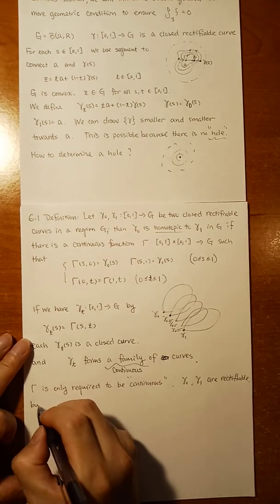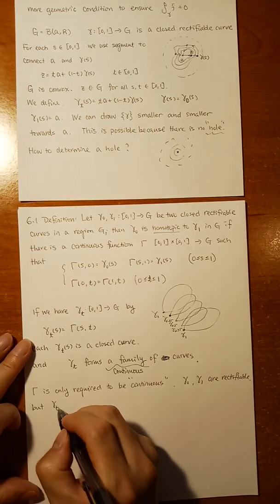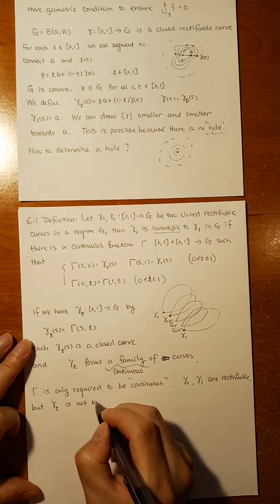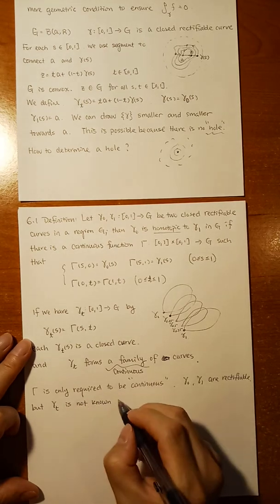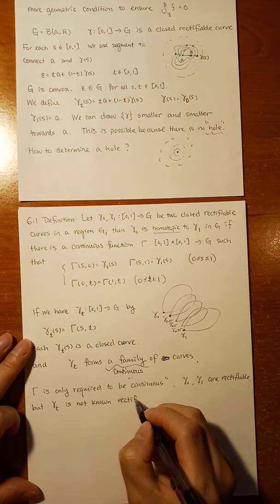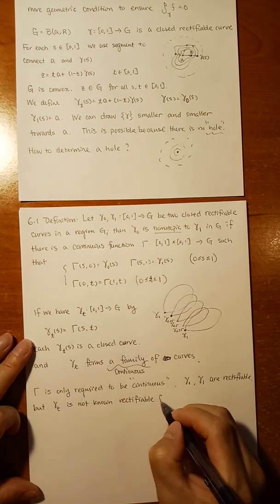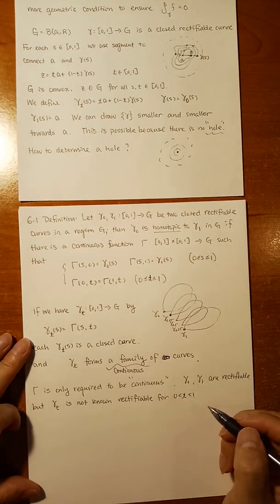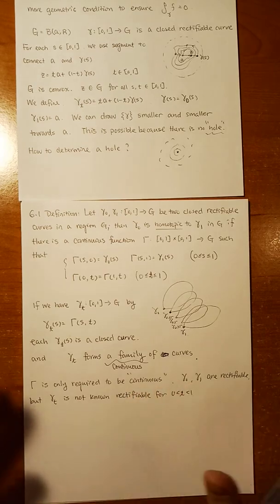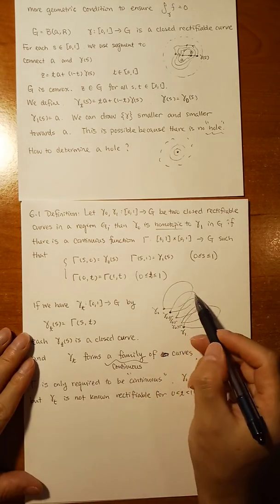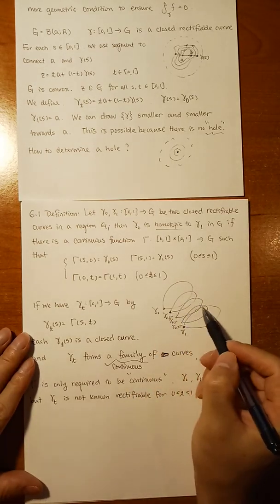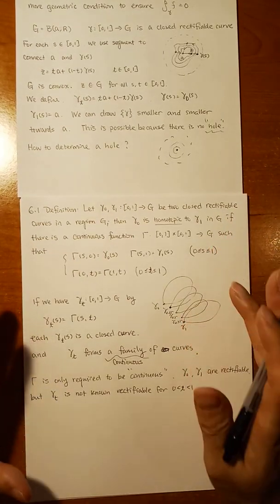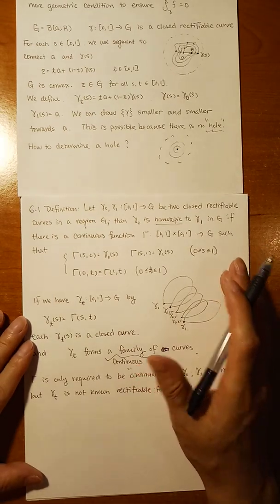But for gamma t, it is not known whether it is rectifiable or not. We have no idea, for t strictly between 0 and 1. For this intermediate step, we have no idea from the definition if it is rectifiable or not.